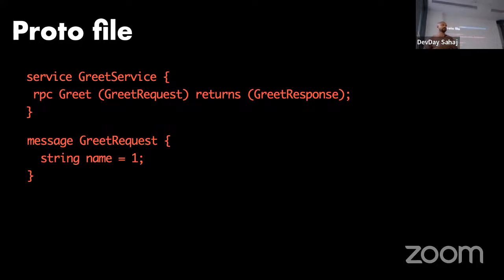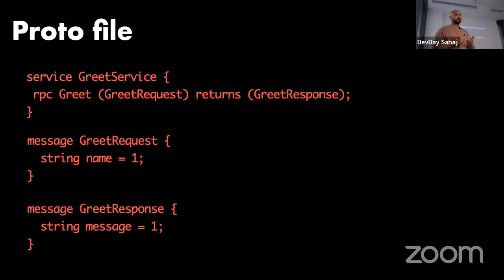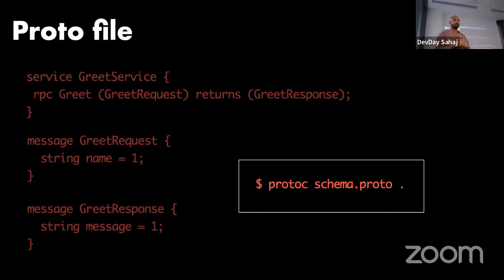The request has a name and the response has a message. That's it, that's the proto file. There itself, there's a win. It's a schema definition language which is much less verbose than OpenAPI YAMLs.